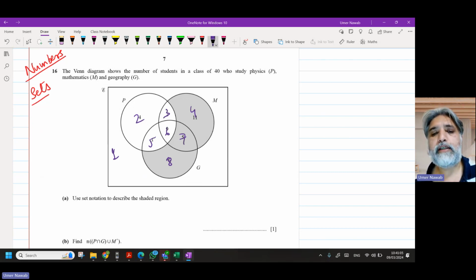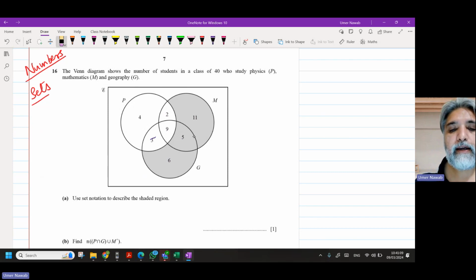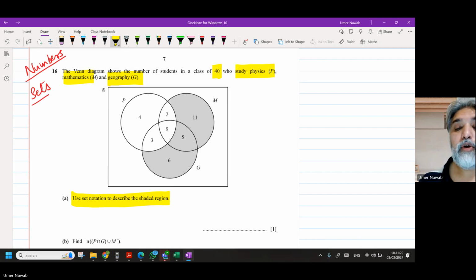Yeah, 8 regions it has. Now, this is representing 3 classes. Total is 40. So it is representing the number of students in the class who study physics, mathematics, and geography. Use a set notation to represent the shaded part.